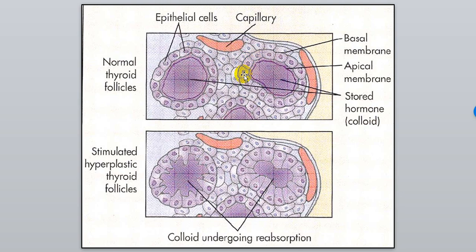These cells are secretory, because they are able to excrete materials from the center to the blood vessels. So the follicles are filled with material called colloid, composed of thyroglobulin, and are enveloped by one layer of secretory cuboidal cells.